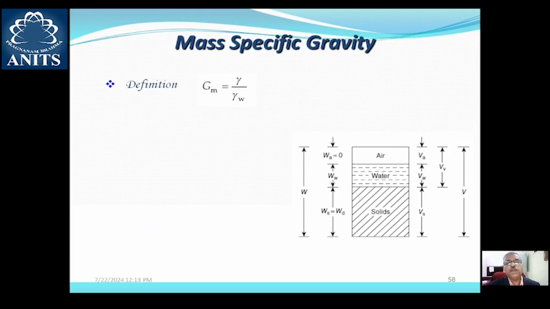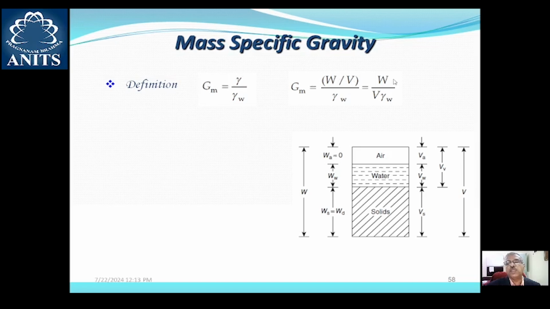The second type of specific gravity is the mass specific gravity, also referred to as the bulk specific gravity, which is the ratio of bulk density or total density to the density of water, or the total unit weight of soil to the unit weight of water. Gm equals gamma by gamma W. We know gamma is the total weight of soil divided by the total volume of soil.